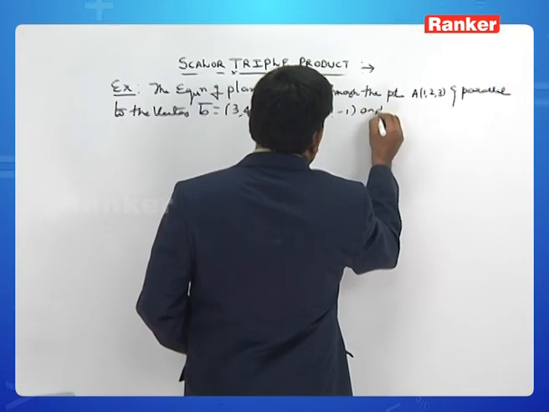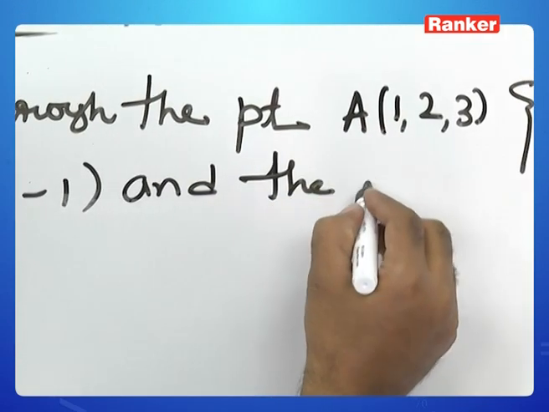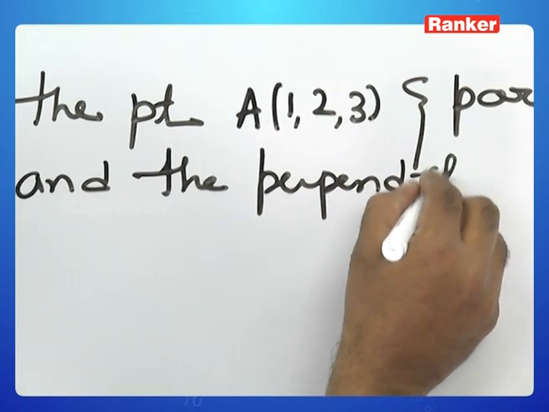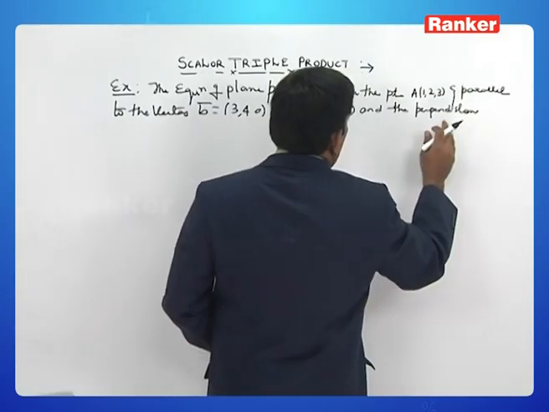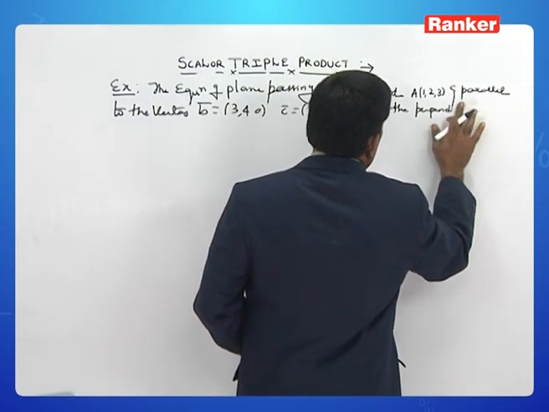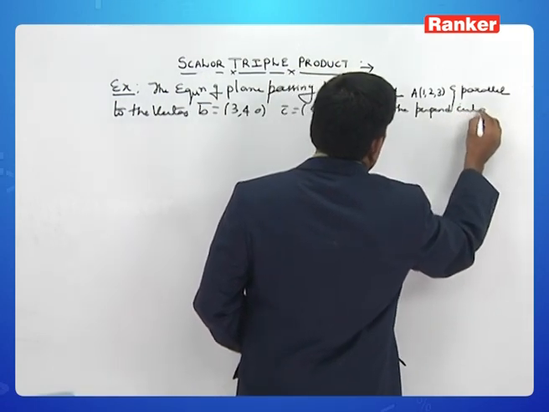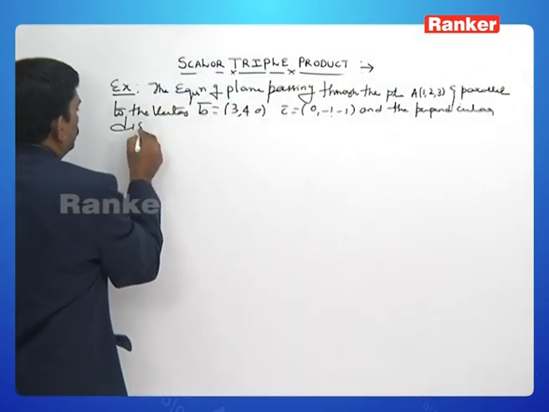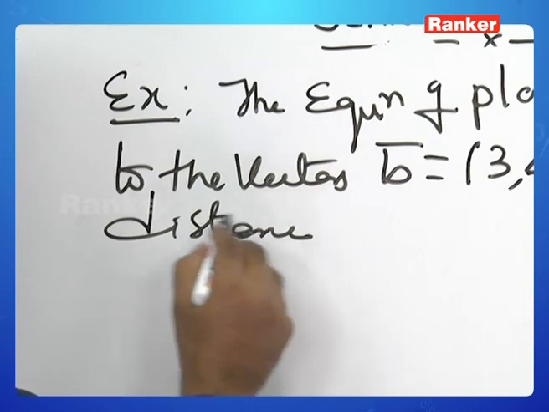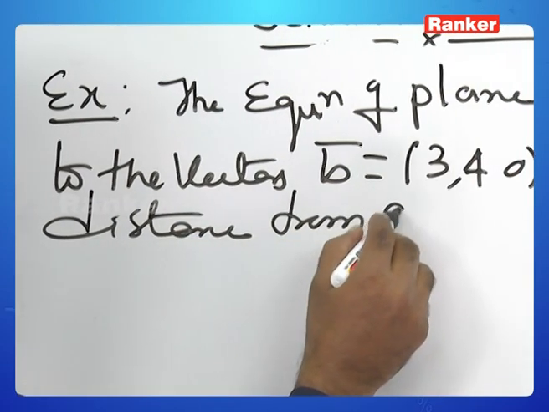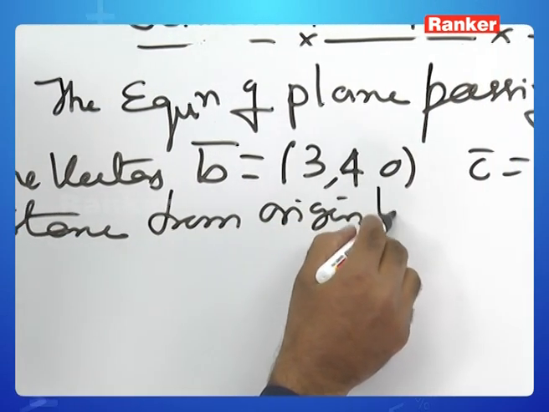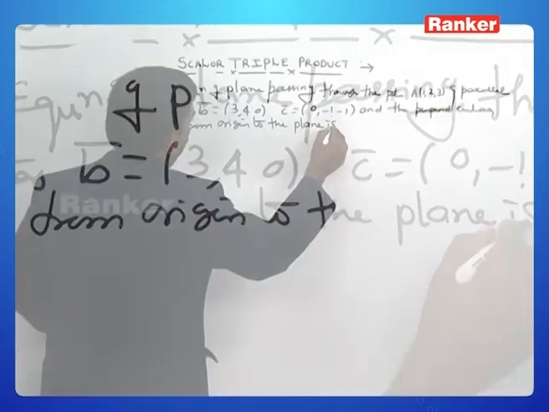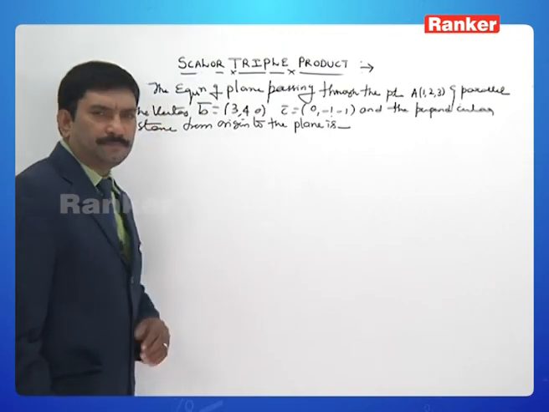And also the perpendicular distance from the origin to the plane is dash.